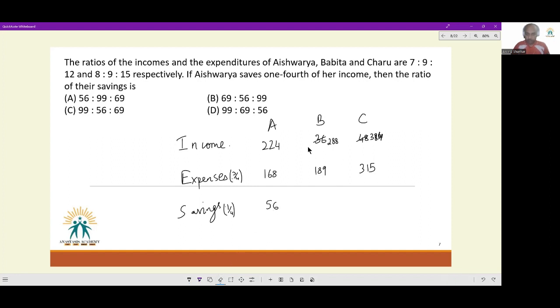So now I have the precise numbers that I need. This will be 384. This will be 288. So I have 56 here, 99 here, and I have 69 here. So the ratio will be 56 is to 99 is to 69, or option A will be the right answer.